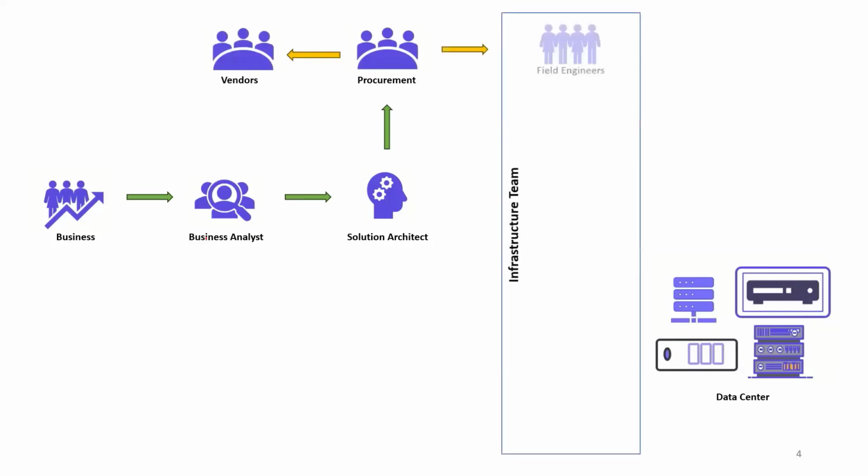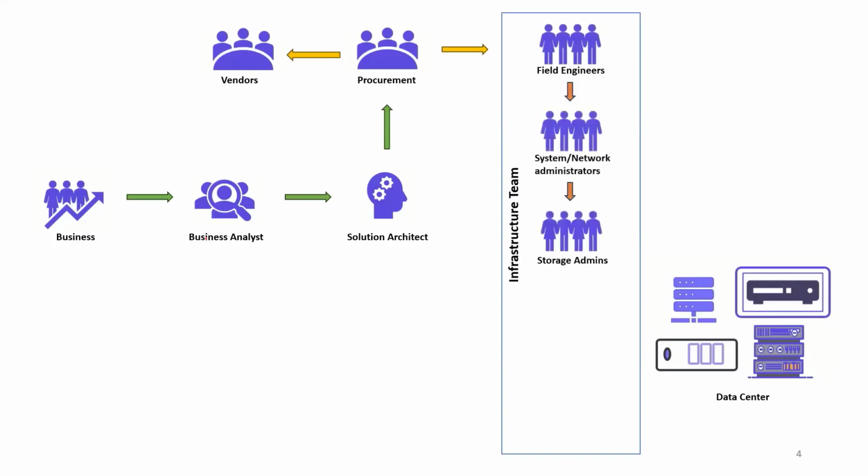After that, the field engineers, system admins, network admins, storage admins, and backup admins come into the picture, making sure the infrastructure is as per the standards mentioned in the architecture diagram. Once this is as per the standard, the entire infrastructure will be handed over to the application team to deploy their code, so that the application will be created and successfully running in the data center infrastructure.